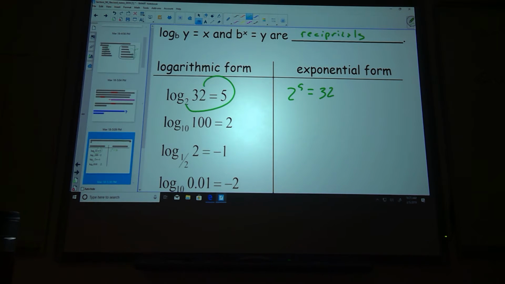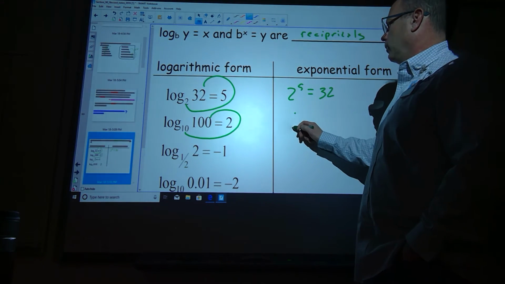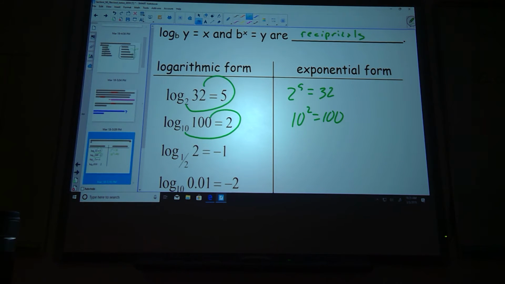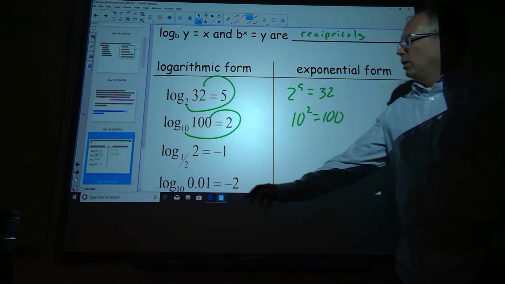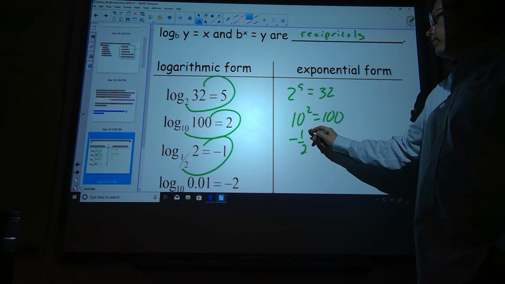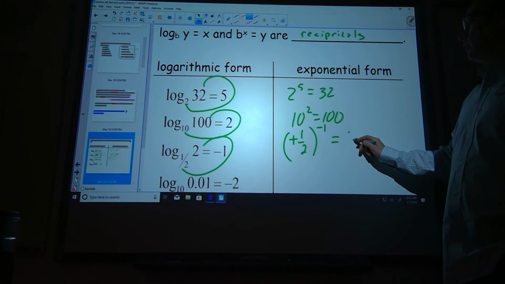Okay? So again, let's do seashell here. 10 to the second is equal to 100. One-half to the negative 1 is equal to 2.